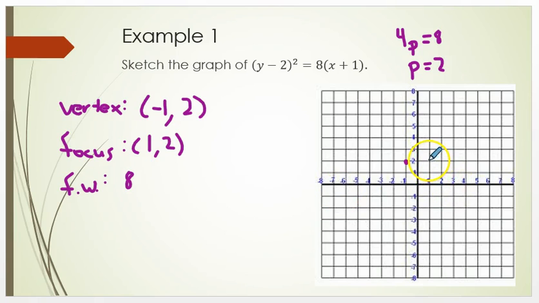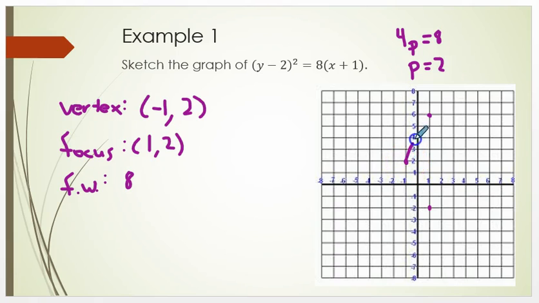So starting from 1, 2, I'm going to go up 1, 2, 3, 4 and draw another dot. Or I could have done that half the focal length away in the opposite direction and gone down 1, 2, 3, 4. So I started from the focus and then I went half this distance in the other 2 directions.